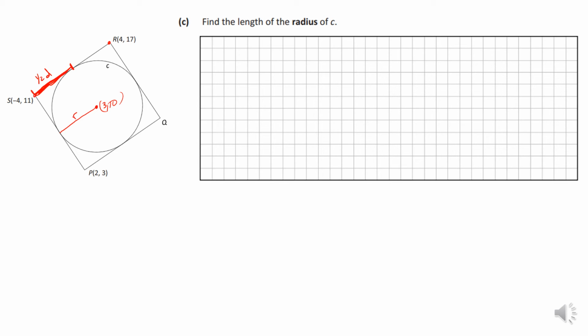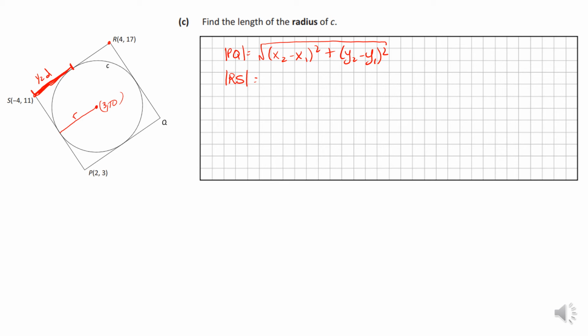Okay, so I'm going to write down my distance formula, which said that the line PQ, you get the distance by doing x2 minus x1 to be squared plus y2 minus y1 to be squared. Okay, so we'll calculate this first from R to S. Okay, and then we'll half it at the end.